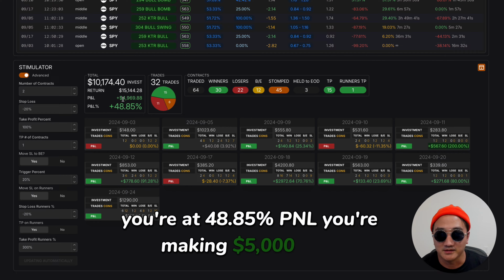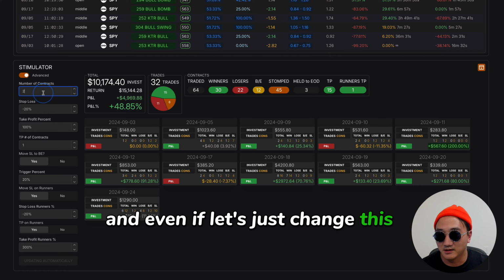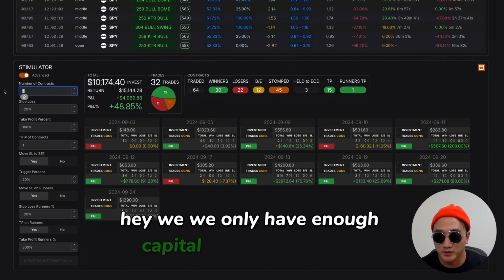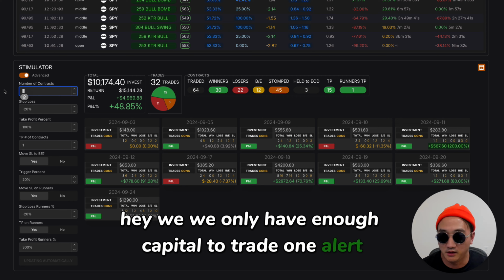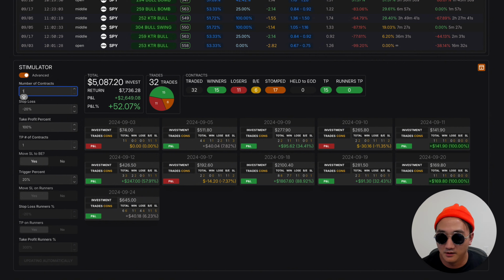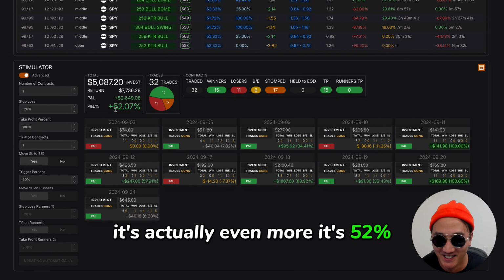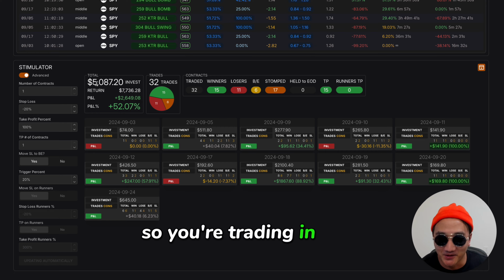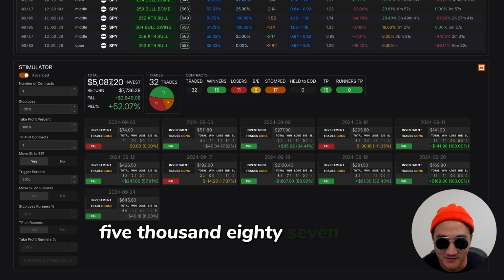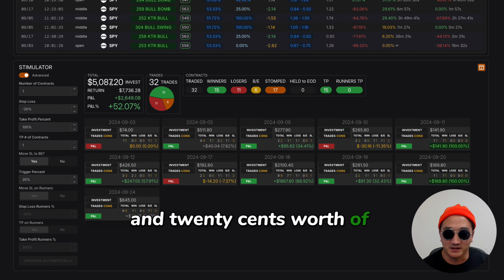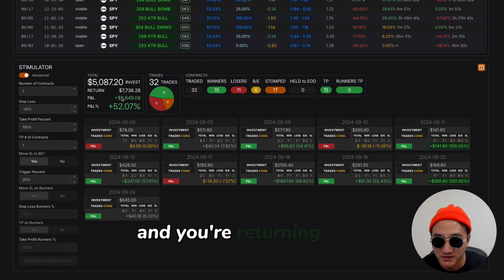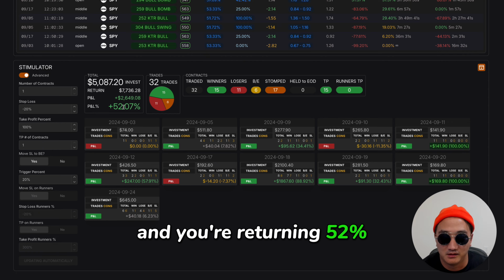You're making $5,000, right? And even if, let's just change this and say, hey, we only have enough capital to trade 1 alert. It's actually even more. It's 52%. So you're trading in total $5,087.20 worth of contracts, and you're returning 52%.